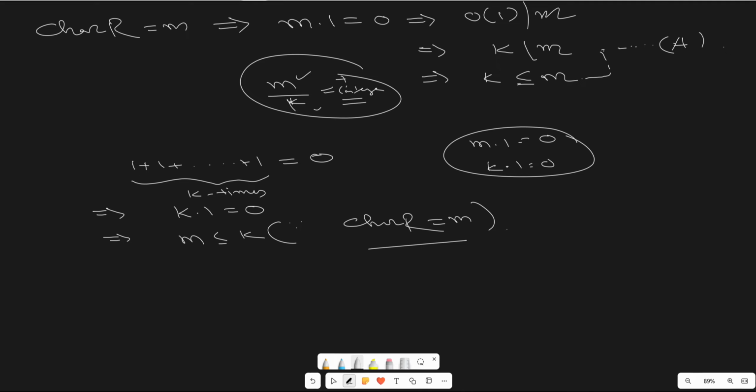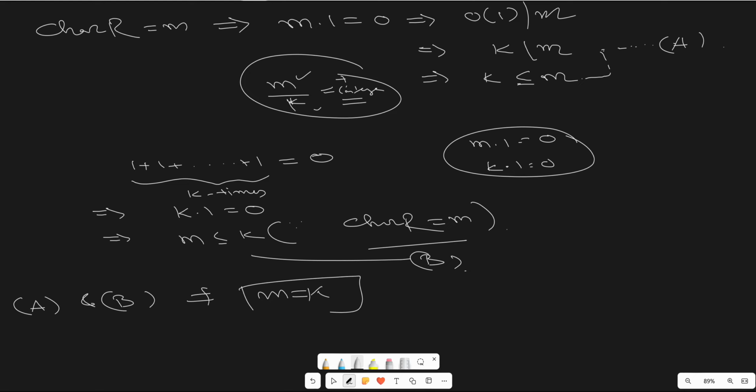But we are getting a k which is smaller than m, and k dot 1 is 0. That essentially means that m is less than or equal to k. This is b. From a and b, this implies that m equals k.